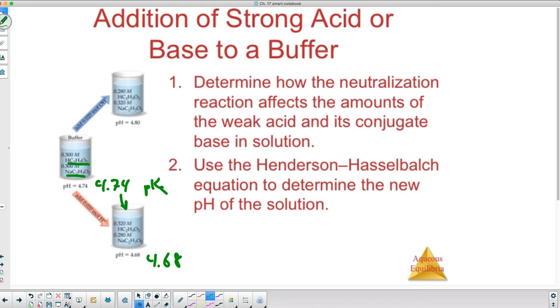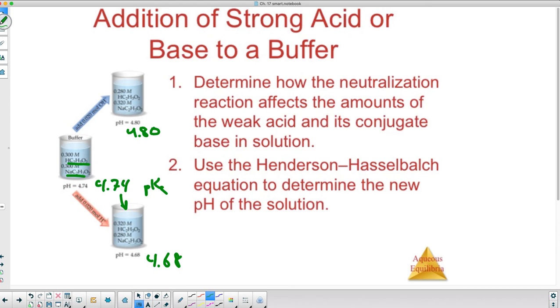That's all the drop there is, which is almost nothing. And if I add a strong base, it goes from 4.74 up to 4.80, which again is almost nothing.